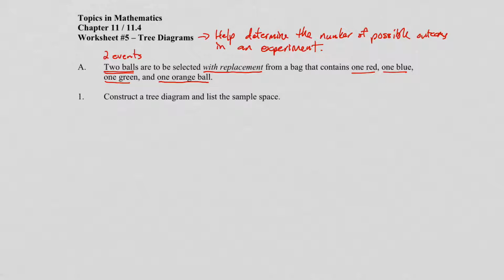But on the second grab, we're going to be selecting from the full set of balls because we're going to replace the first grab. We're going to put it back into the bag. So that's what with replacement means here. So 4 colors: red, blue, green, and orange.